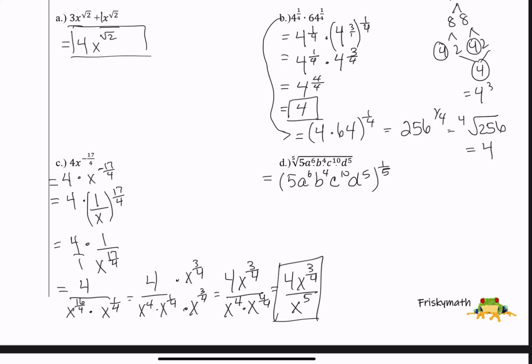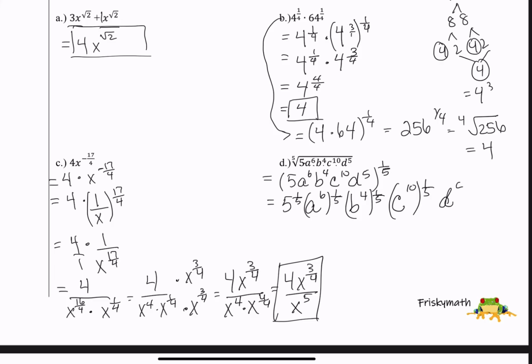So now I'm going to give that 1/5 power to all the factors. So 5 gets 1/5 power. A to the 6th gets raised to the 1/5 power. B to the 4th gets raised to the 1/5 power. C to the 10th gets raised to the 1/5 power.